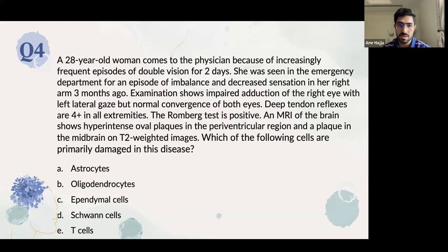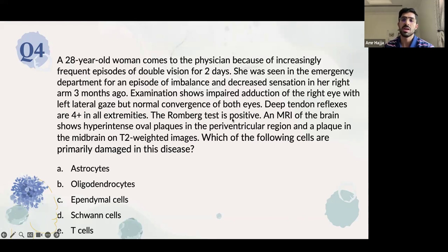Deep tendon reflexes are +4 in all extremities. The Romberg test is positive. An MRI of the brain shows hyperintense oval plaques in the periventricular region, and a plaque in the midbrain on T2 weighted images. Which of the following cells are primarily damaged in this disease? What do you think? B.